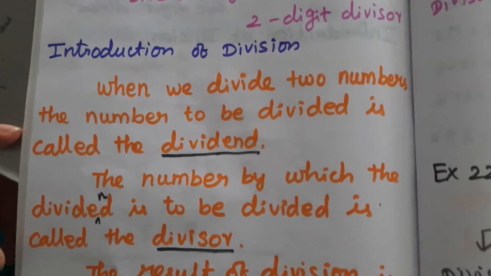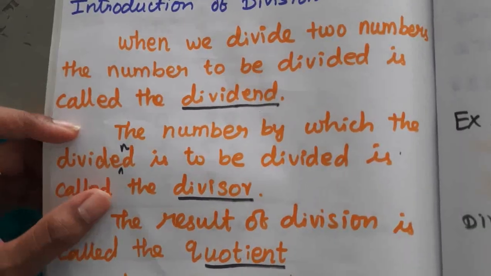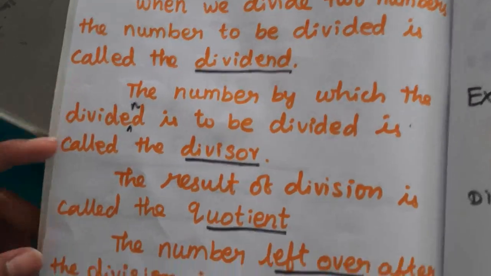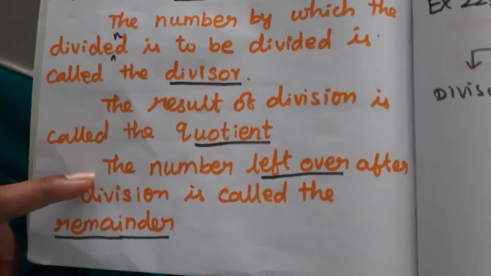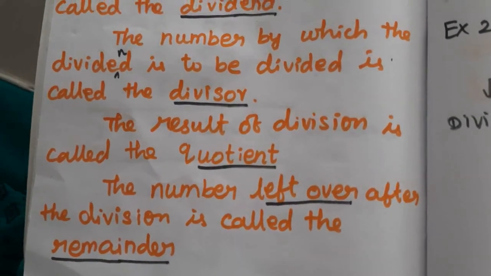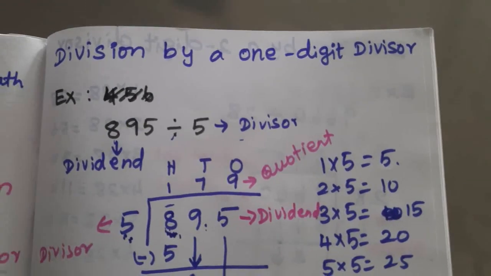The number by which the dividend is to be divided is called the divisor. The result of the division is called the quotient. The number left over after the division is called the remainder. Okay, so the next topic is division by 1 digit divisor.